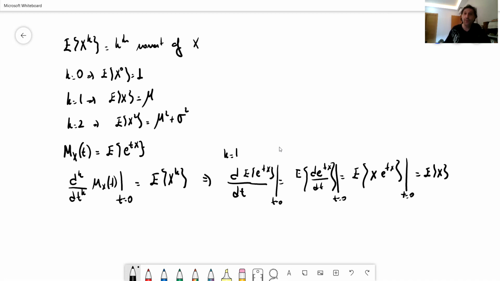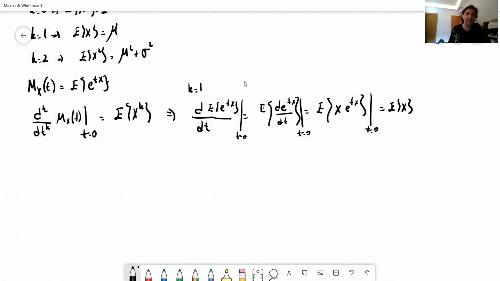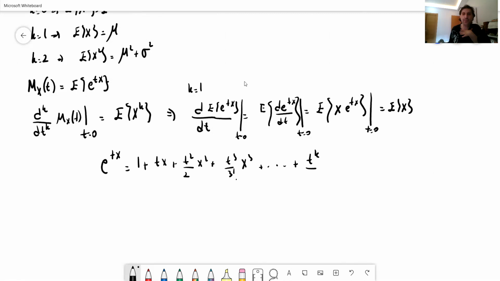In another way, which I think gives a more general vision, if you write the Taylor series expansion of exponential tx, it's going to be like this, and going to an intermediate k term, t to the power k over k factorial times x to the power k.